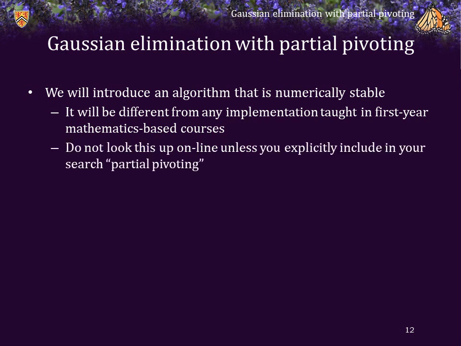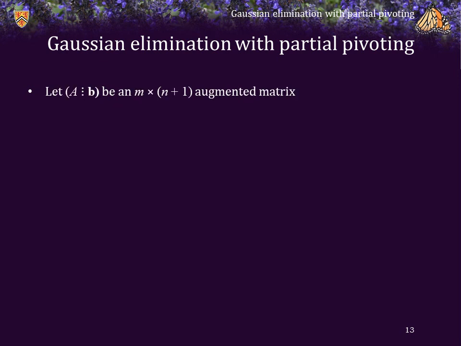Thus, do not look this up online unless you explicitly also search for the term partial pivoting. So here's the Gaussian elimination algorithm with partial pivoting. Let AB be an m by n plus 1 augmented matrix, meaning that A is an m by n matrix and B is a target vector that is m-dimensional.